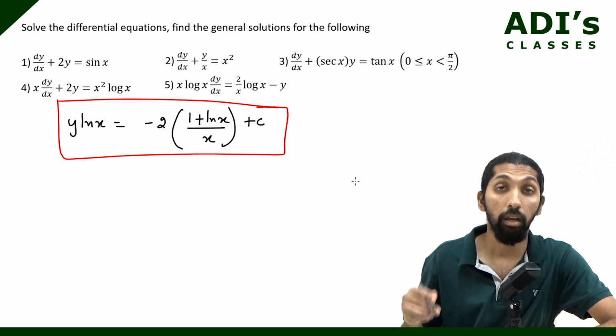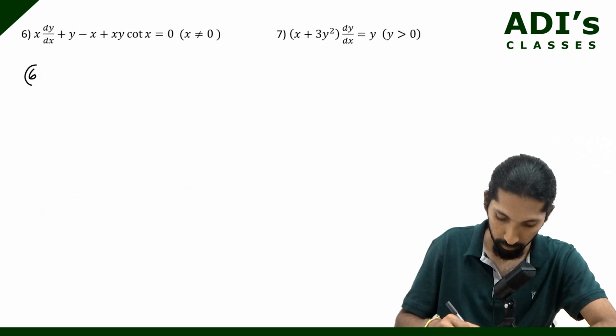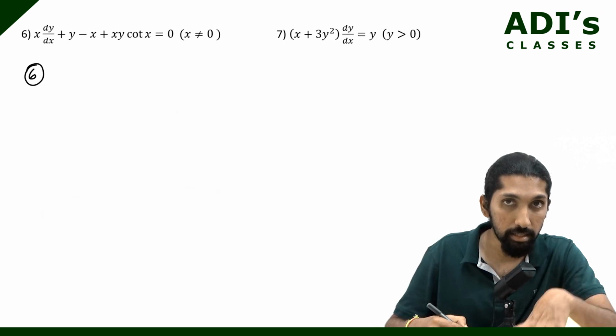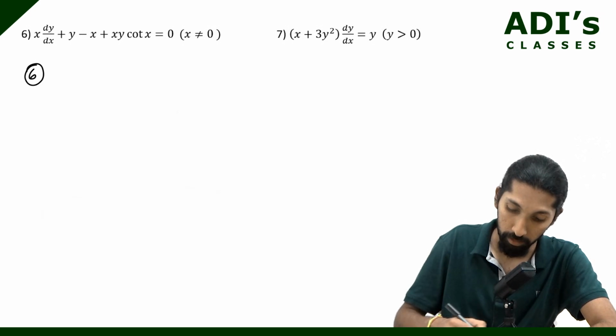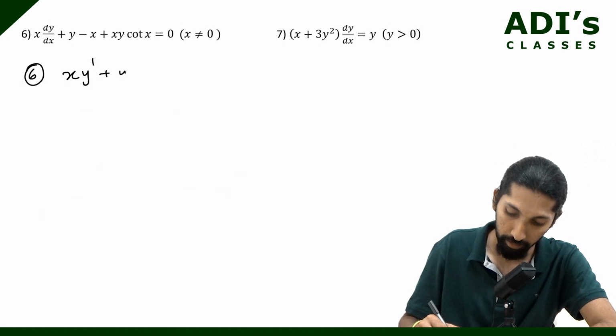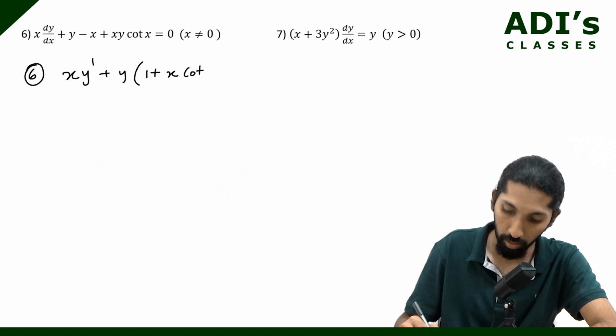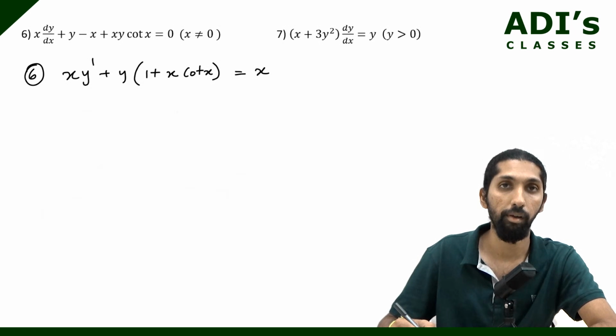Fair enough. Now we'll go to the sixth one. See the sixth one? Is it in the standard form? No, we have to get it in the standard form. So that's basically x into y dash, correct? Plus y into 1 plus x into cot of x is equal to x.